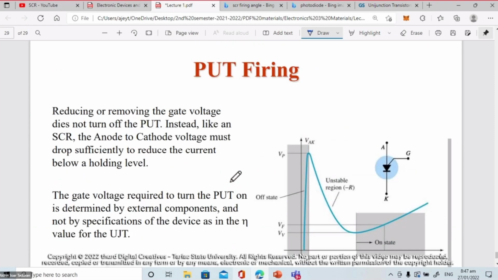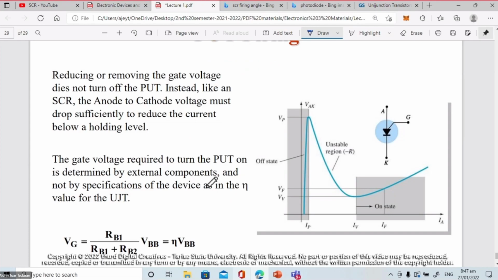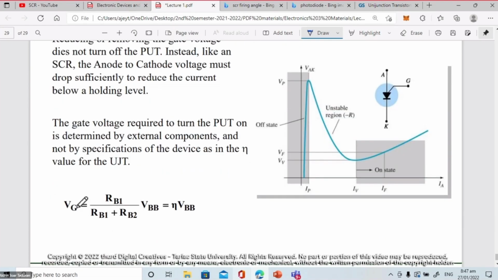So PUT, reducing or removing the gate voltage does not turn off the PUT. Instead, like an SCR, the anode-cathode voltage must be dropped sufficiently to reduce the current below a holding level. So the gate voltage required to turn the PUT on is determined by external components and not specific to the device, as a value of UJT. So meron tayong eta, ito yung equation natin: eta is equal to RB1 over RB1 plus RB2, the standoff ratio.